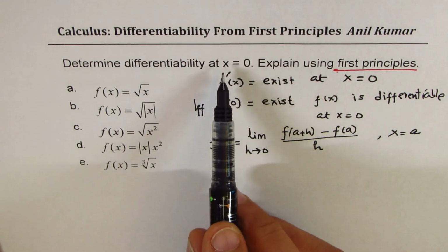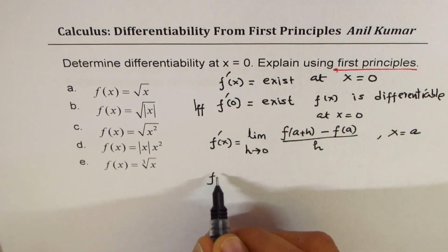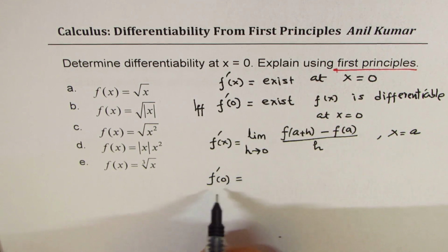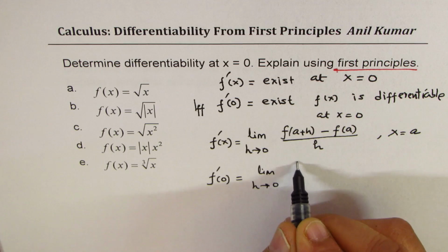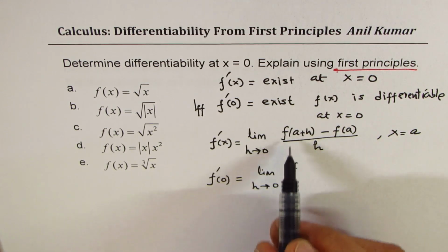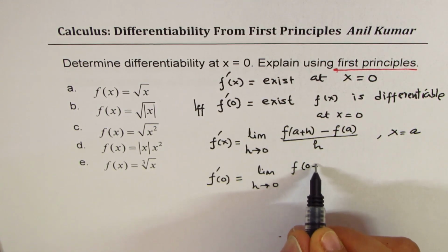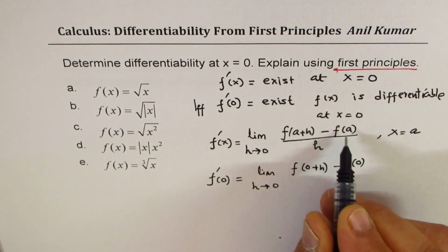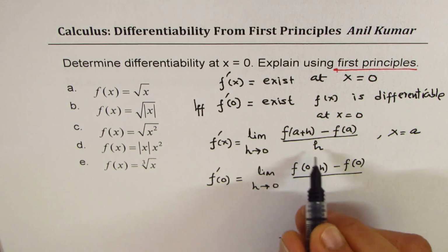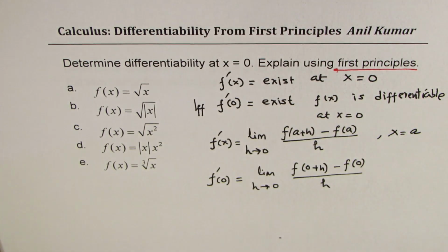Correct? Now, since x is equal to a, basically we are trying to find at a point 0, limit h approaches 0, f of 0 plus h over h. I'm writing 0 plus h just to remind you that a has been replaced with 0. This is what we're trying to find.